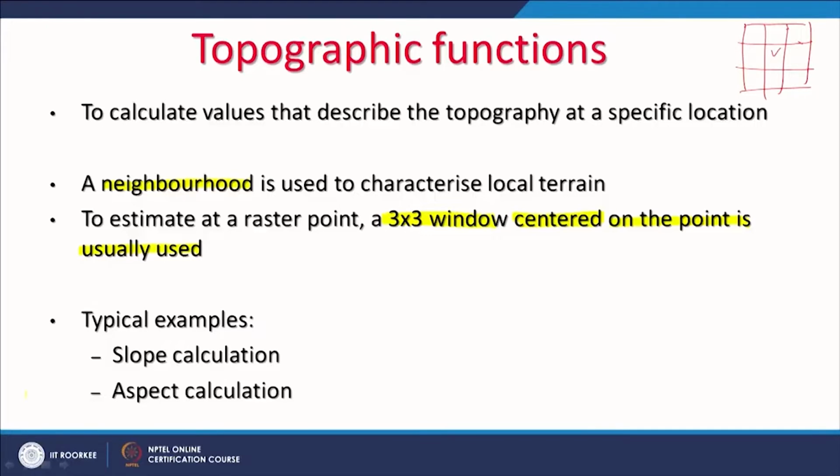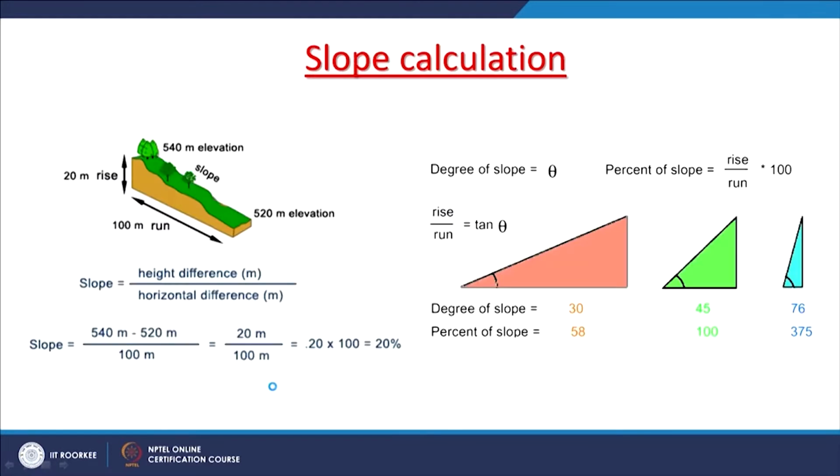Now, as we have been discussing, the most common derivatives of these topographic functions are slope and aspect calculation. Let us take slope calculation first. As you can see, it is based on simple trigonometry: rise upon run equals tan theta.